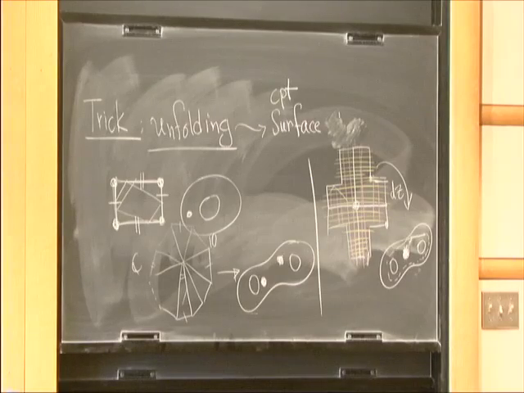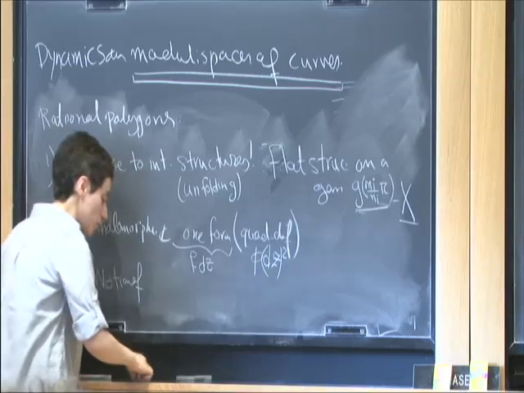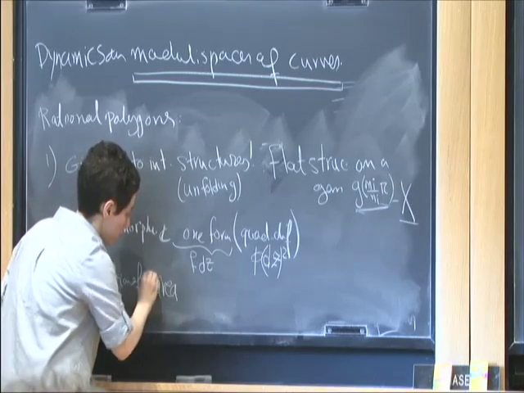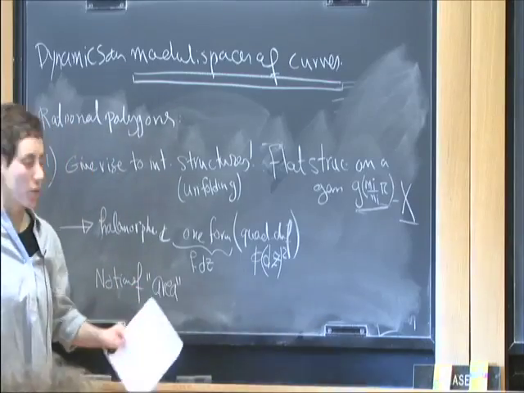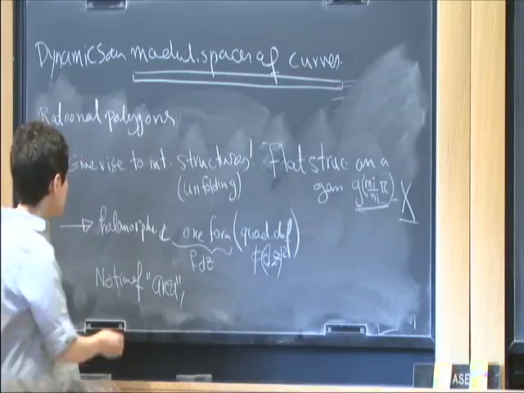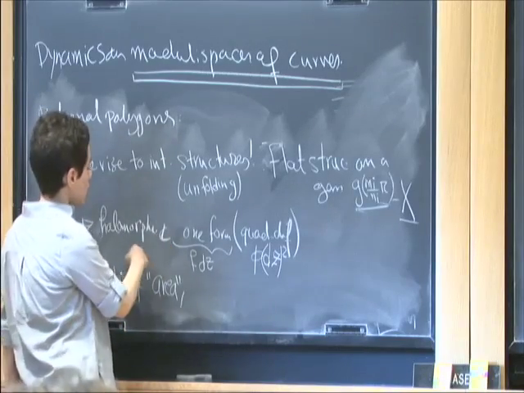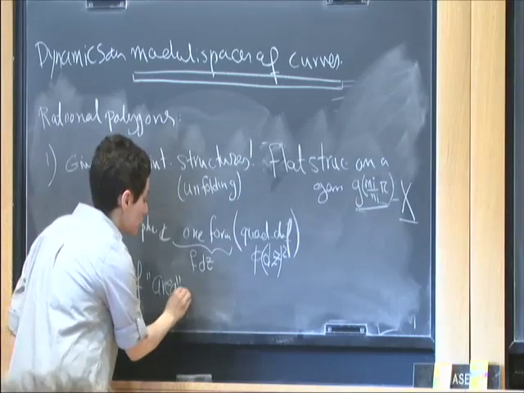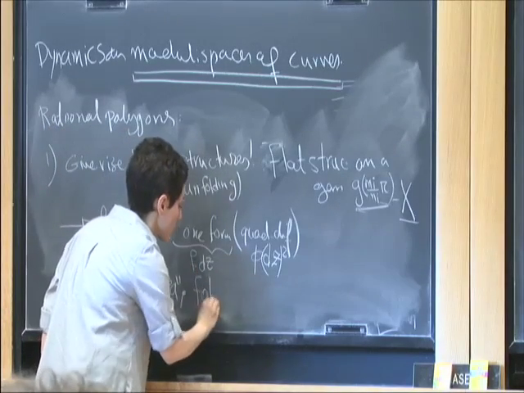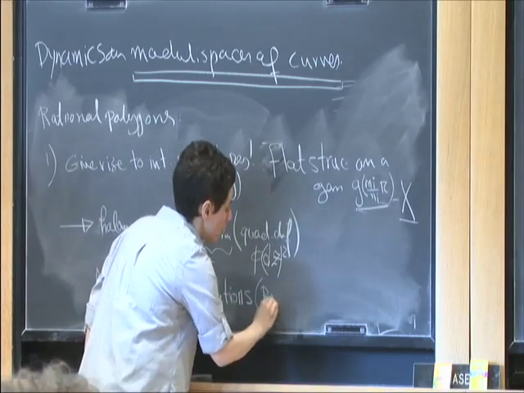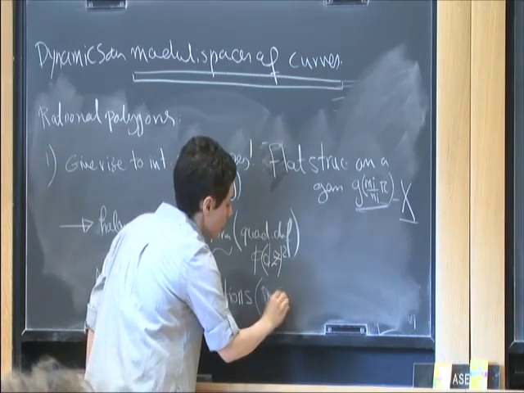First of all, there is a notion of area, from the holomorphic 1-form or quadratic differential. And also, in the case of holomorphic 1-forms, you get two nice foliations from vertical and horizontal lines.